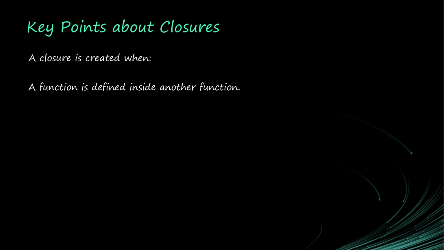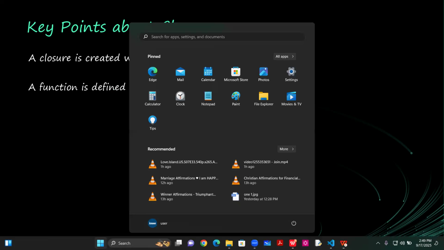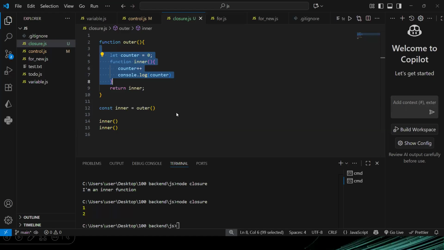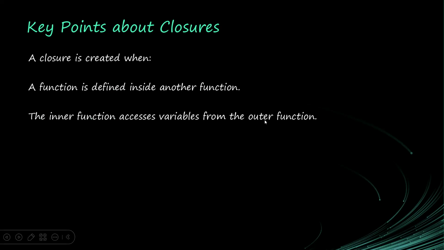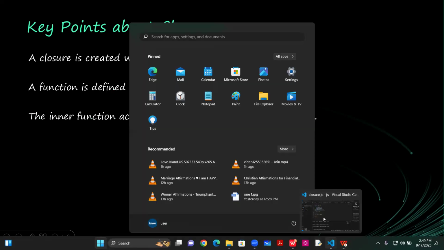A closure is created when a function is defined inside another function. So how do you create a closure? When you define a function inside of another function. And you saw that our inner function was created inside of this outer function. So the inner function accesses variables from the outer function. That's what it did here.